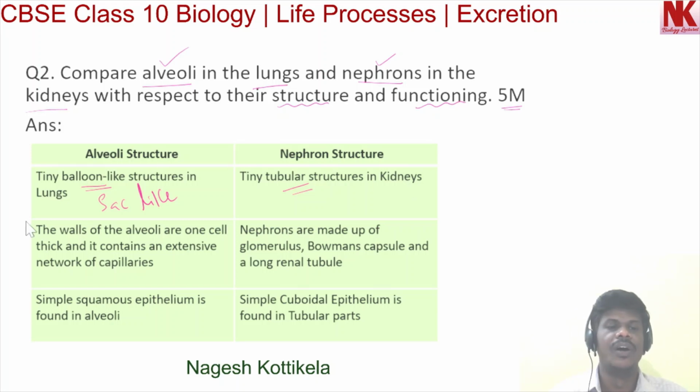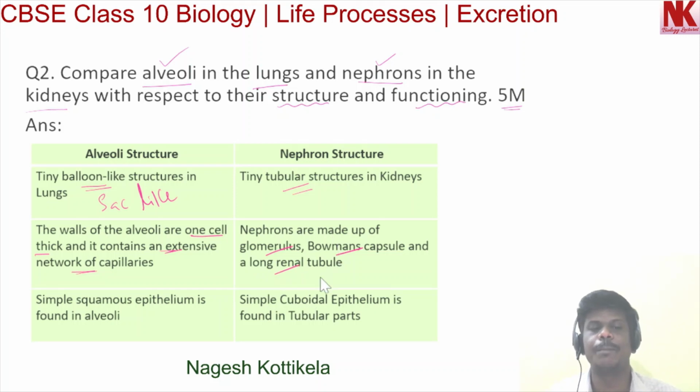Now the walls of the alveoli are 1 cell thick, and they contain an extensive network of capillaries. So 1 cell thick walls are present in the alveoli, and they are also extensively supplied with capillaries. Now nephrons are made up of glomerulus, Bowman's capsule, and a long renal tubule.